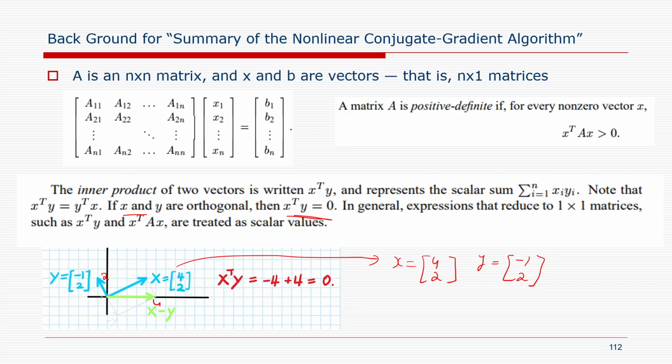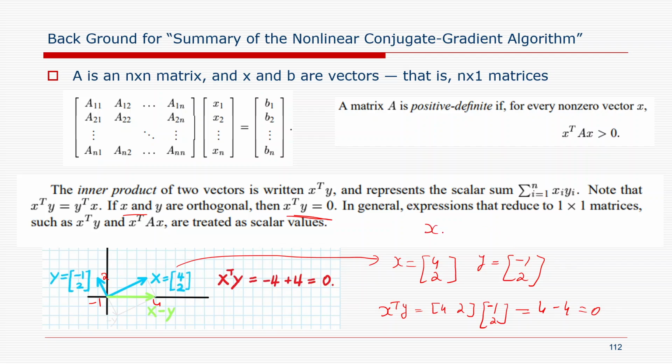In the graph you can see this is -1 and 2. Now when you take x transpose y, that is 4, 2 multiplied with -1, 2, it gives 4 minus 4, which is going to become 0.